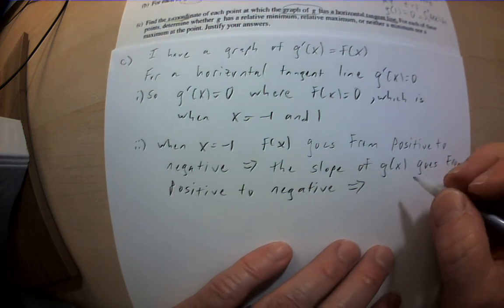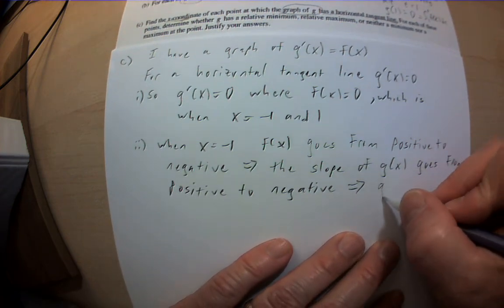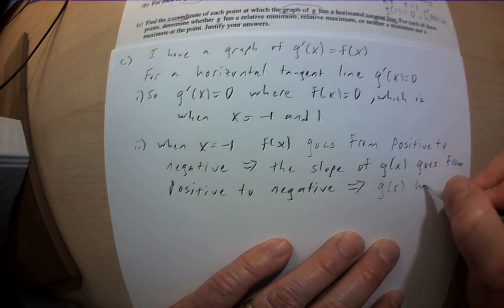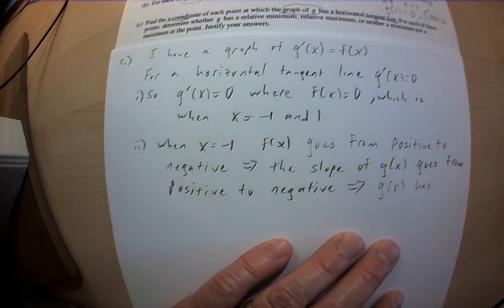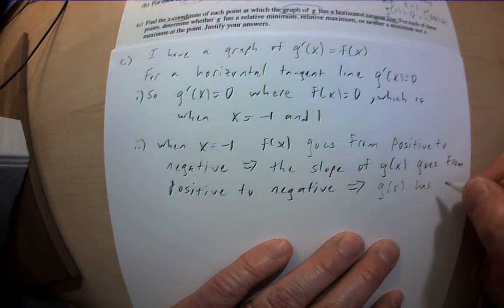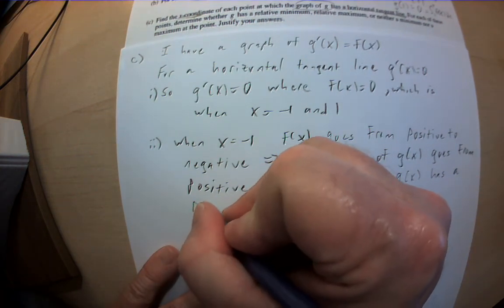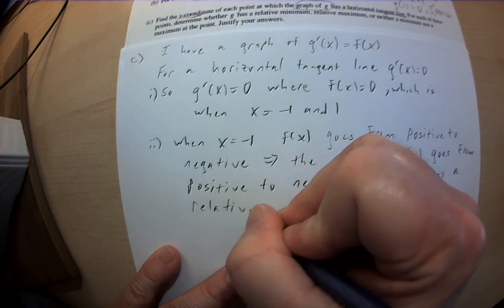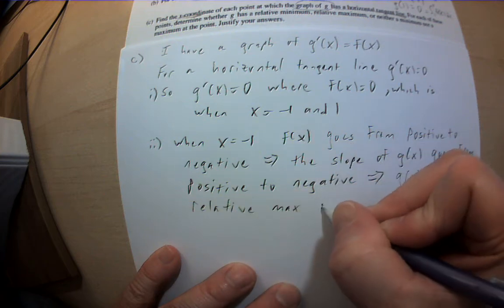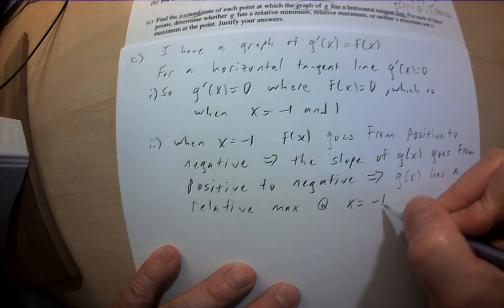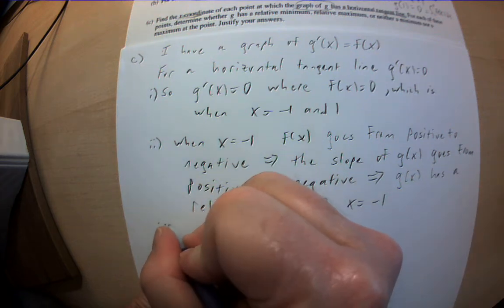Therefore, g of x has, so if the slope was positive, it was going up, now it's coming down, has a relative max at x equals -1. Okay?